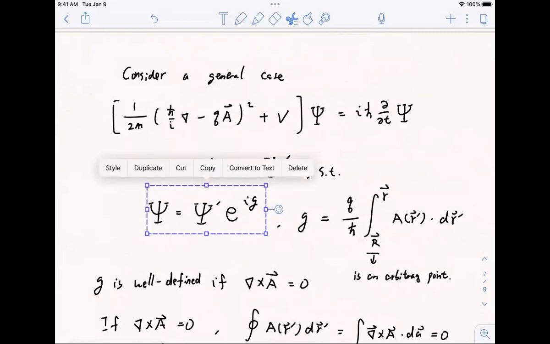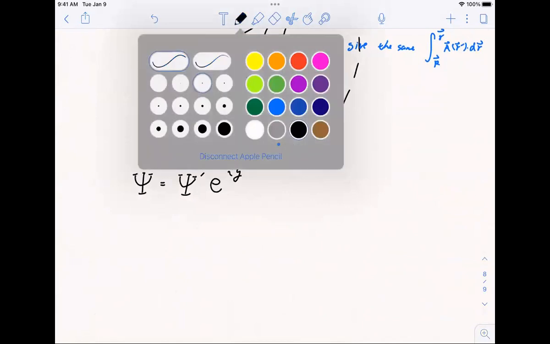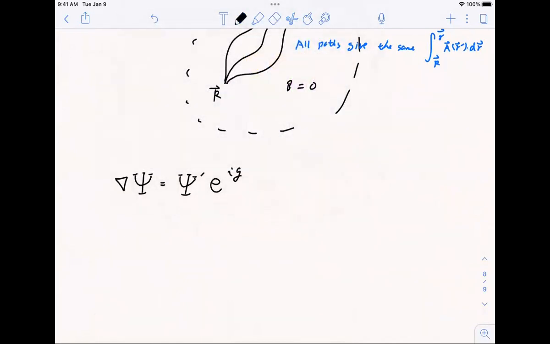So let's first consider the derivative. Since we're going to plug it in, this is going to be the gradient.